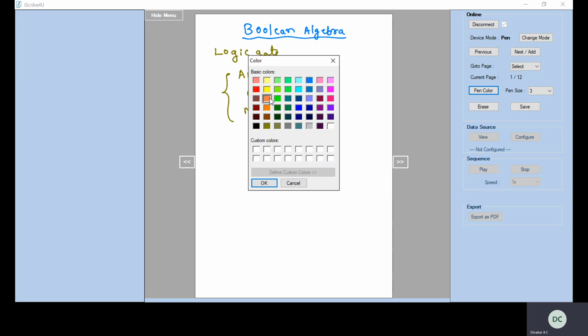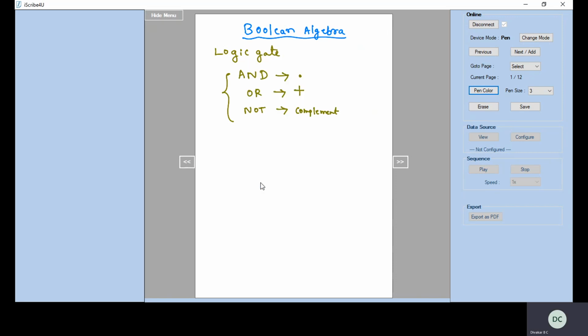Now let us consider the logic symbol, truth table, and the logical expression for the AND gate. The truth table is the tabular relation between the input and output variables. So this is the logical symbol for the AND gate.